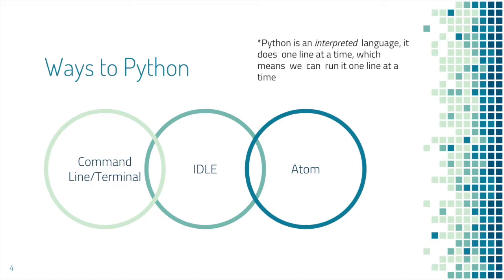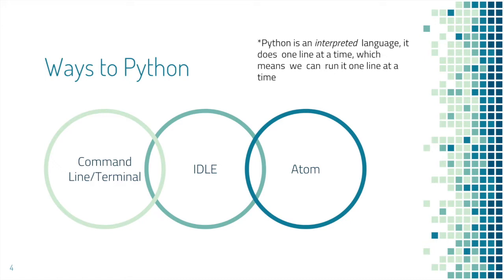Another way to do this is with something called IDLE, and this is something that came with your installation of Python. If you wanted to search for it on your computer, you could find something called IDLE. And IDLE is built specifically to run Python. It's really nice, it's really easy, but the one thing that's negative about it is that it was only built for Python.